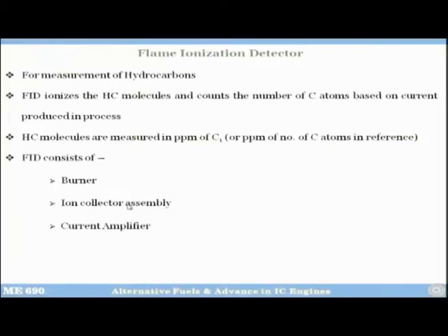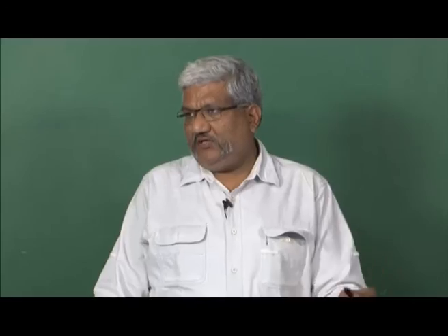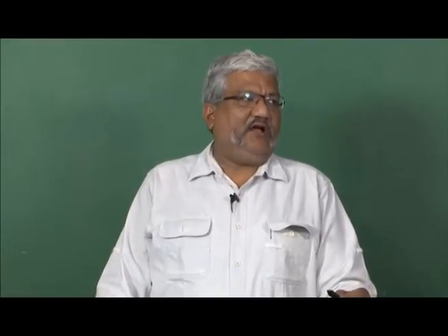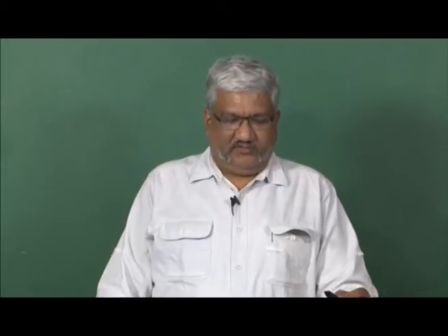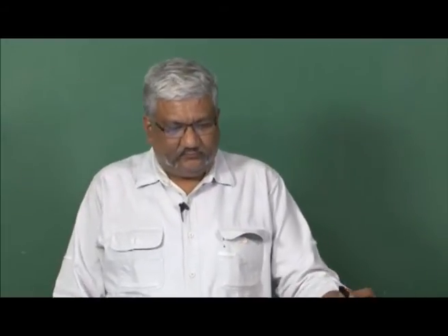It will be a few milliamperes or sometimes even microamperes, which is very difficult to measure. So, you need some kind of an amplifier which can amplify it to a measurable range. And then you have electronics, and then you calibrate the instrument, and then you get the readings of what kind of hydrocarbons are present in your sample.